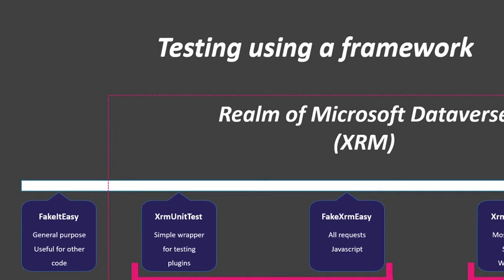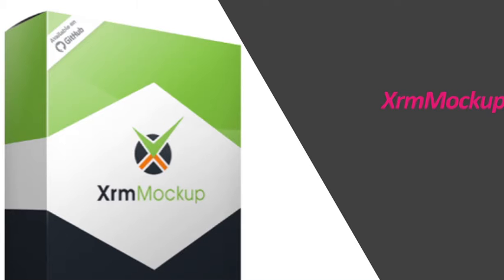It tries to incorporate as much as possible from your Dataverse environment, so you don't have to worry about it. So the idea is that you have the smallest amount of gap between the real environment and what you use when you do test-driven development. So of course I would pick XrmMockup and go with that.